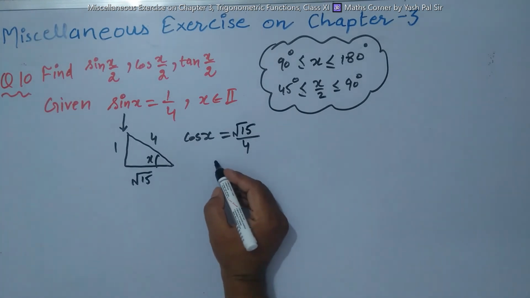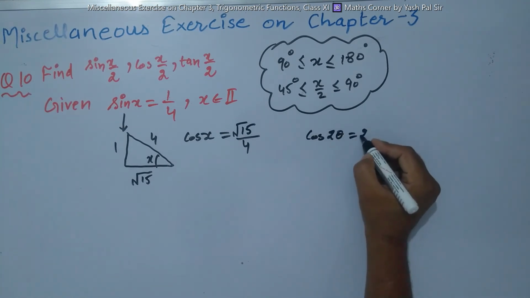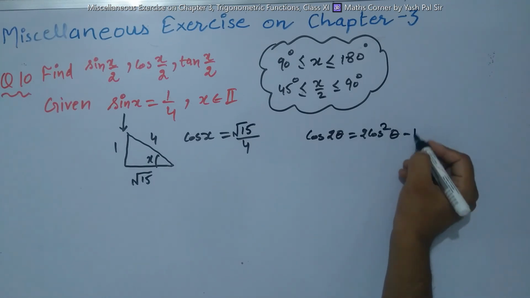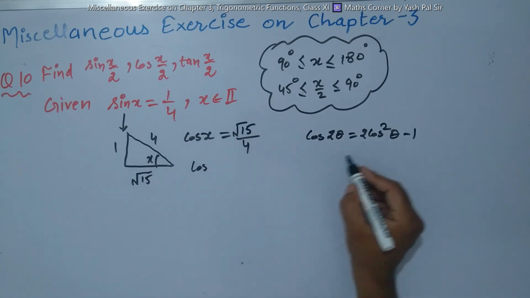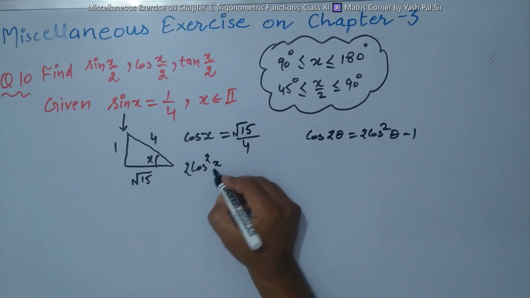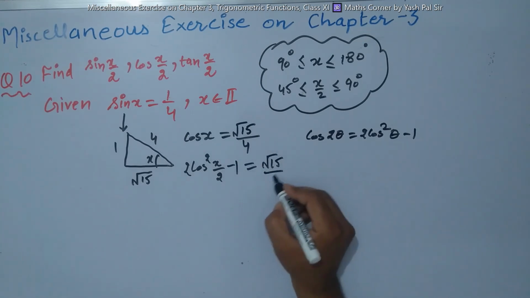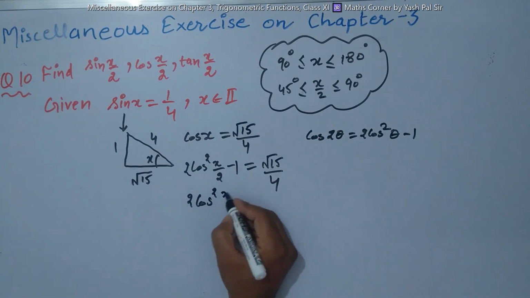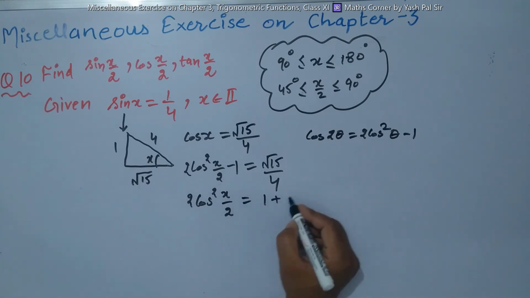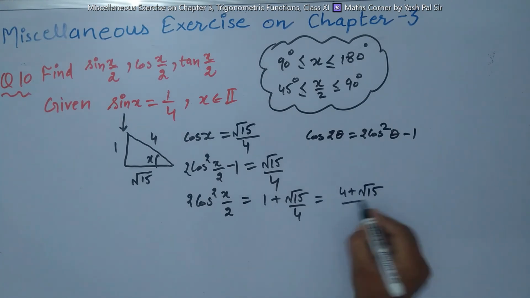So from here, applying cos 2 theta is equal to 2 cos square theta minus 1, that means 2 cos square of x by 2 minus 1 is equal to square root 15 upon 4. So we have 2 cos square of x by 2 is equal to 1 plus square root 15 upon 4, which becomes 4 plus square root 15 upon 4.